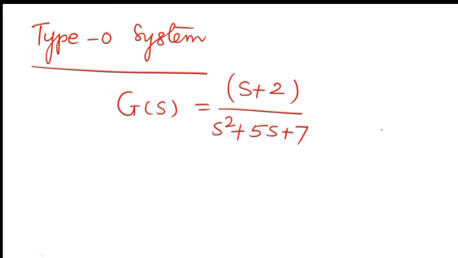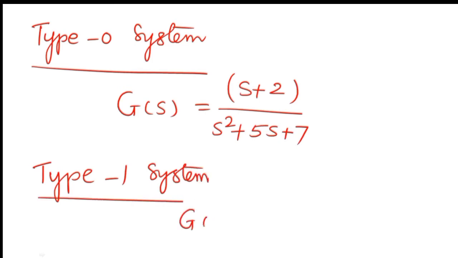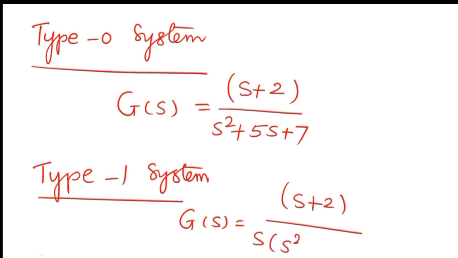Type 1 system transfer function, we choose. So, if you equate the denominator polynomial, you won't get s is equal to 0. So, this system is a type 0 system.